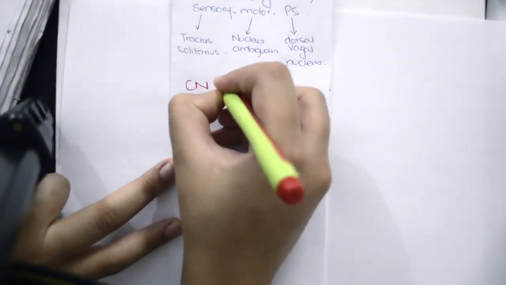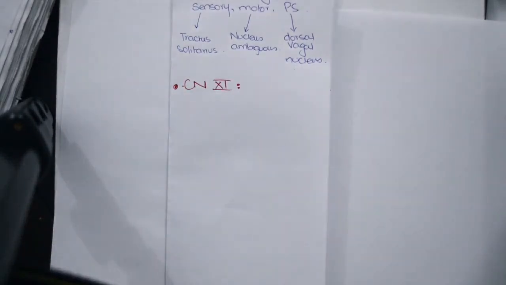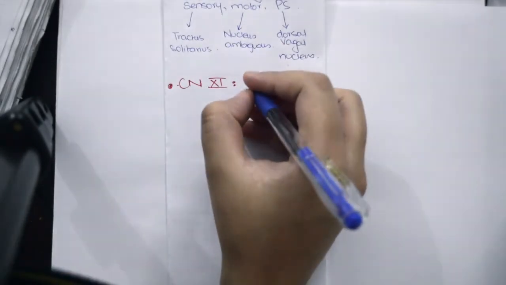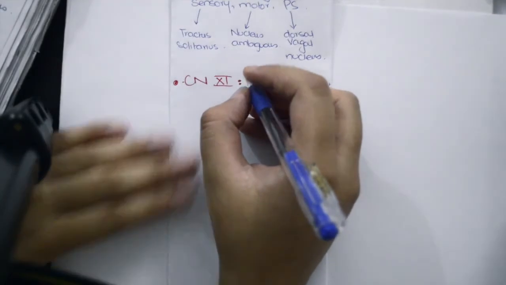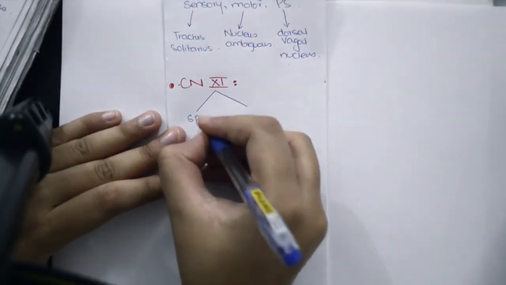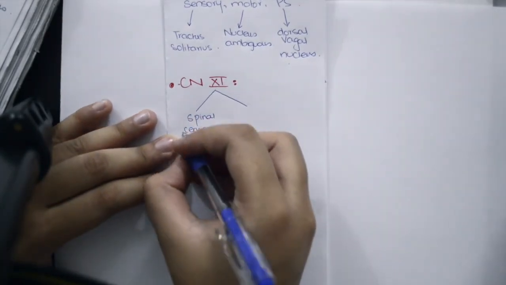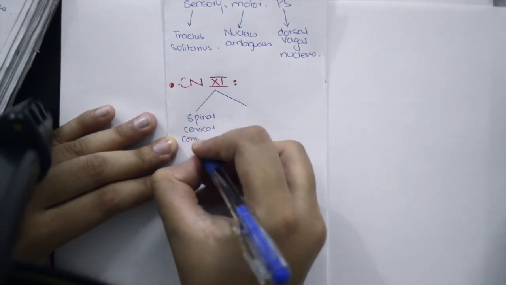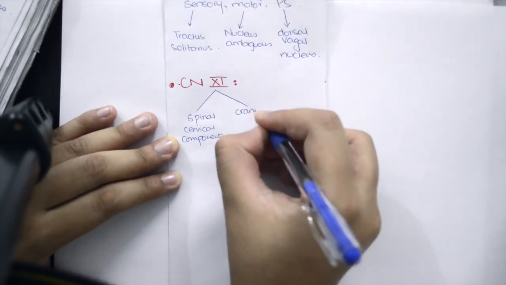to the 11th cranial nerve. The 11th cranial nerve is called the accessory nerve. The accessory nerve has two components: spinal cervical component and cranial component.